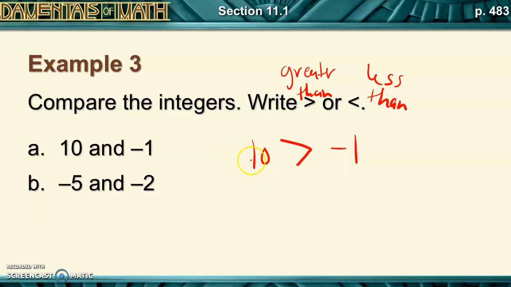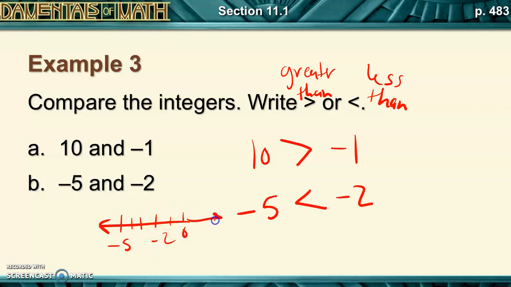I'd rather have $10 than owe somebody $1. So 10 is greater than -1. What about -5 and -2? Well, out of these two values, -2 is larger. -5 is more negative. On a number line, -5 would be over here, then -4, -3, -2. -5 is to the left.